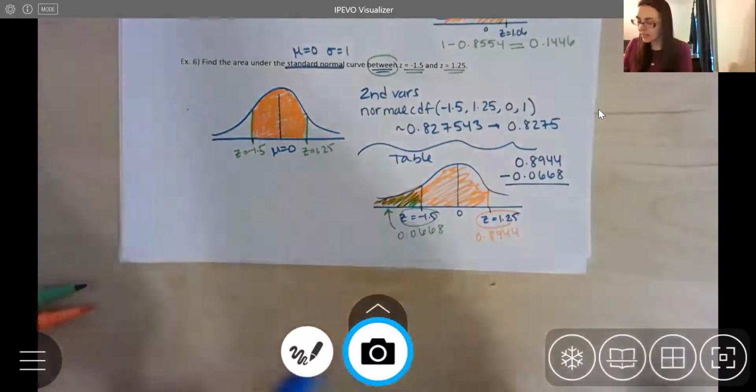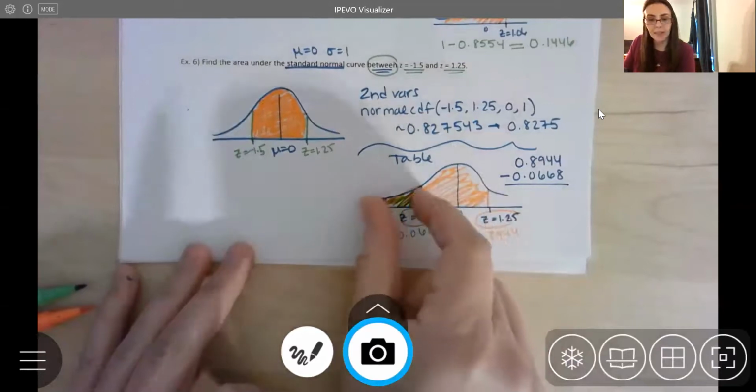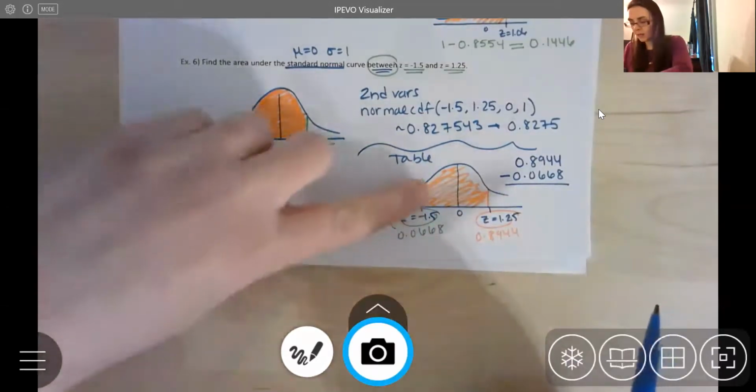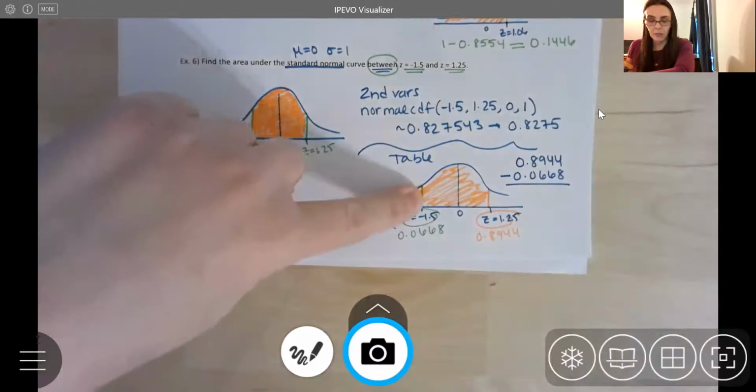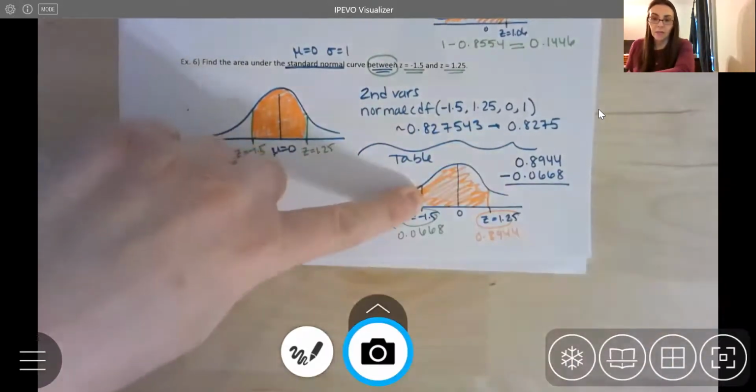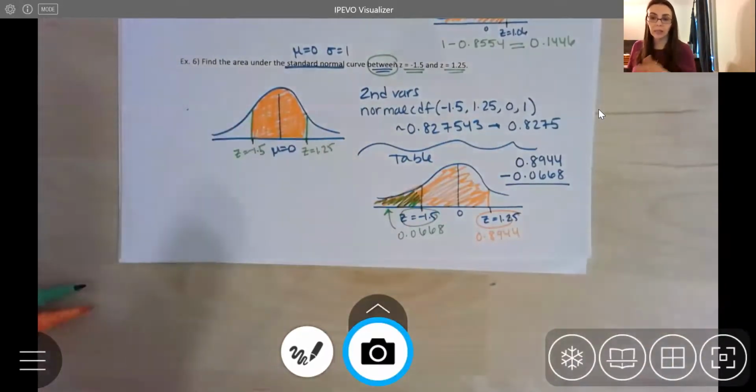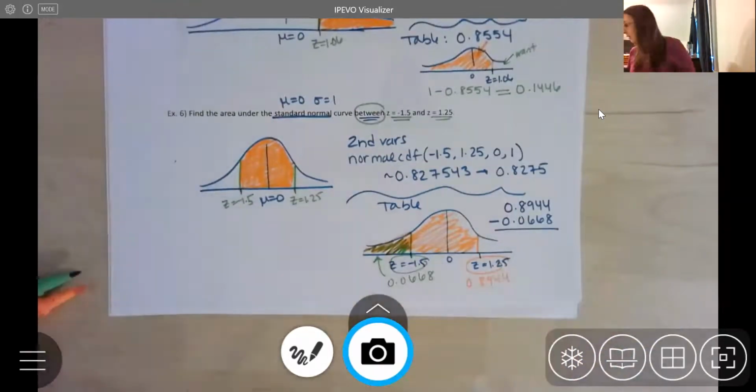And that will basically give you this whole area, and then we're minusing out the green. So it's going to end up subtracting this piece away and give you that center value that you need. So when you're doing in between, you're subtracting the two values from the table.